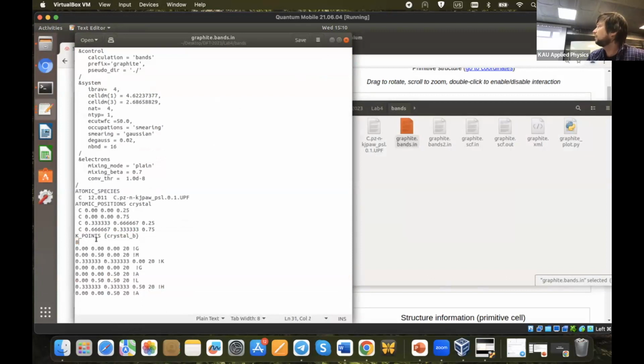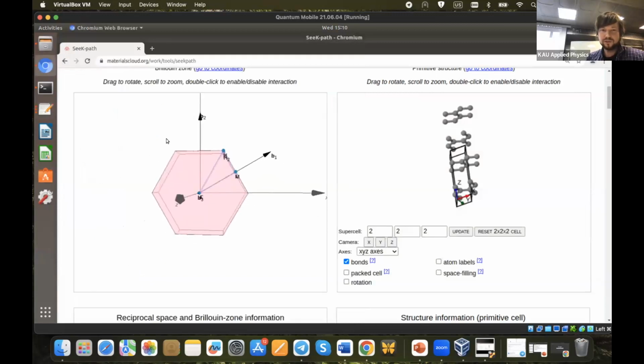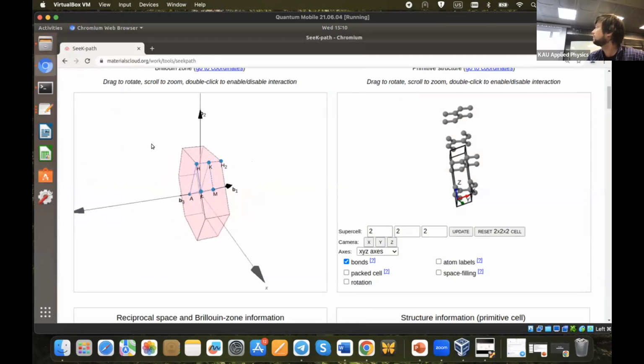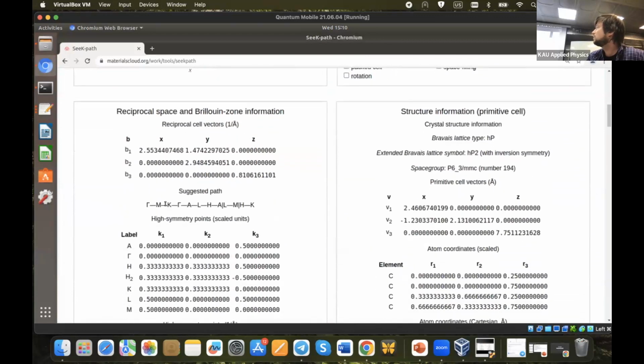In silicon we had 5 dots. Here we have 8 dots. And how did I choose it? I chose it with SeeK-path. We have this Brillouin zone. You see, it's also hexagonal, and SeeK-path suggests this path: gamma, M, K, gamma, A, L, H, A. What do they look like?